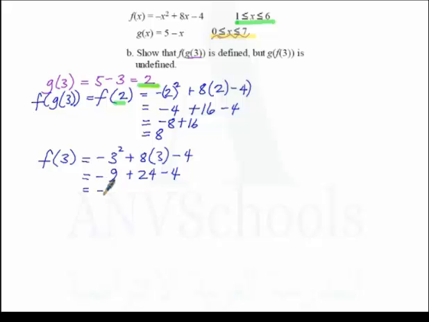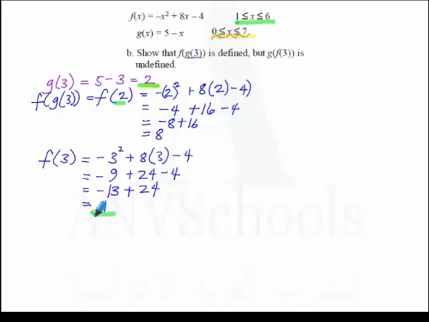That simplified is negative 13 plus 24, and that will give us 11. Now let's take particular note about this value f of 3, which is equal to 11.